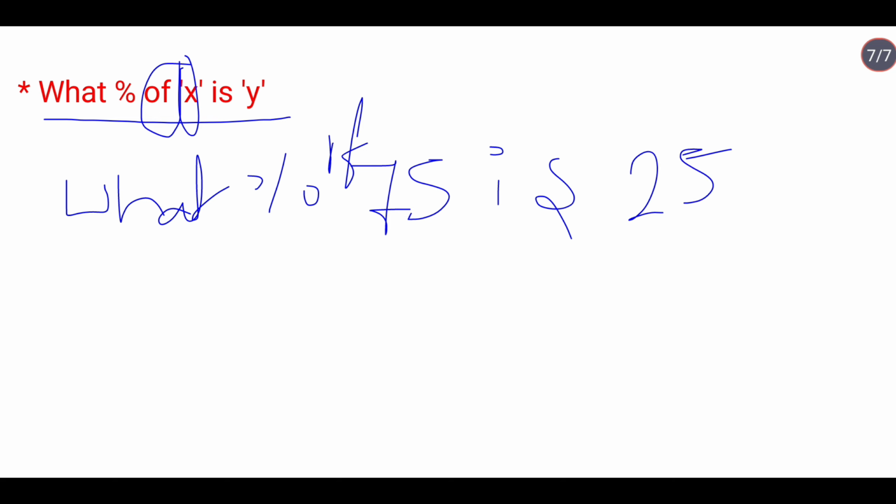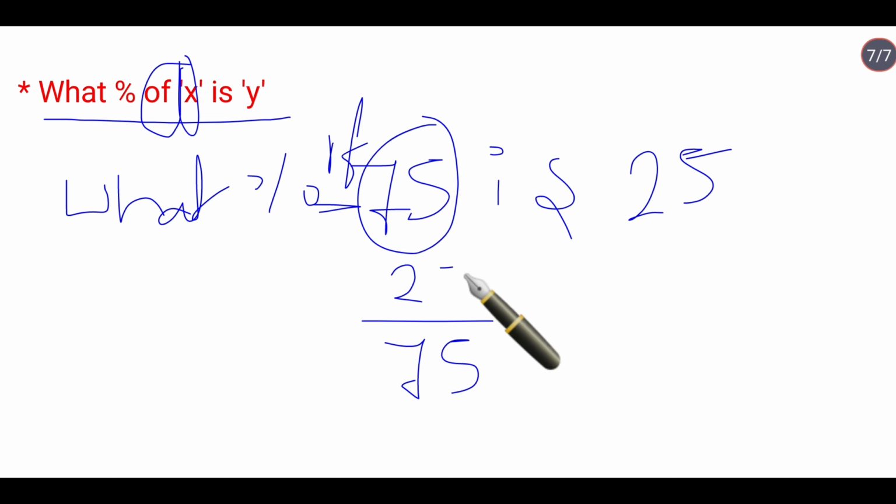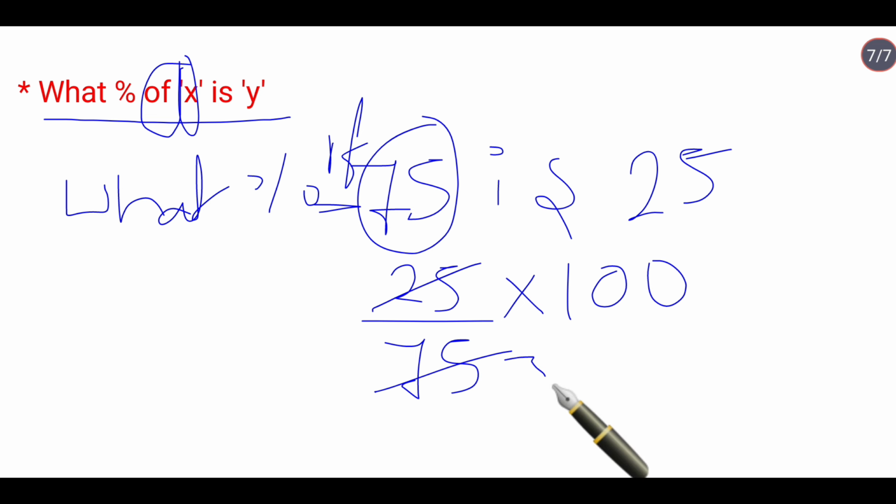Here the value after of is 75, so that should be in the denominator. The remaining value is 25, that should be in the numerator. 25 by 75 into 100. 25 ones are 25, 25 threes are 75. 100 by 3 is 33.33 percentage. So 33.33 percentage of 75 is 25.